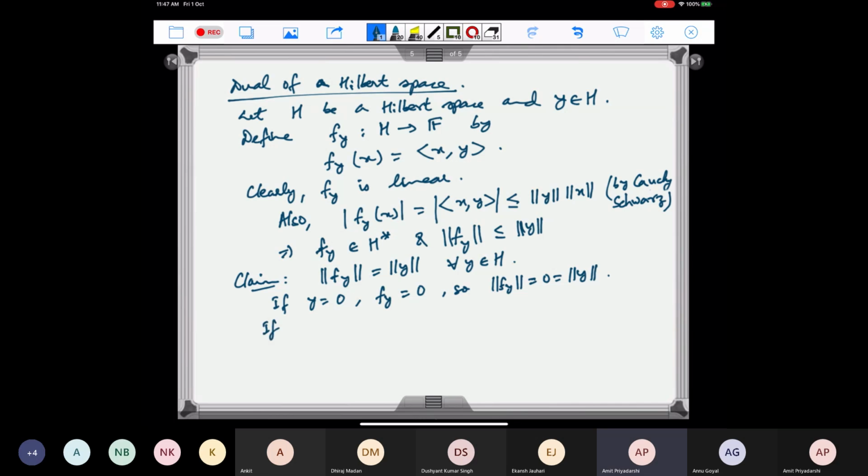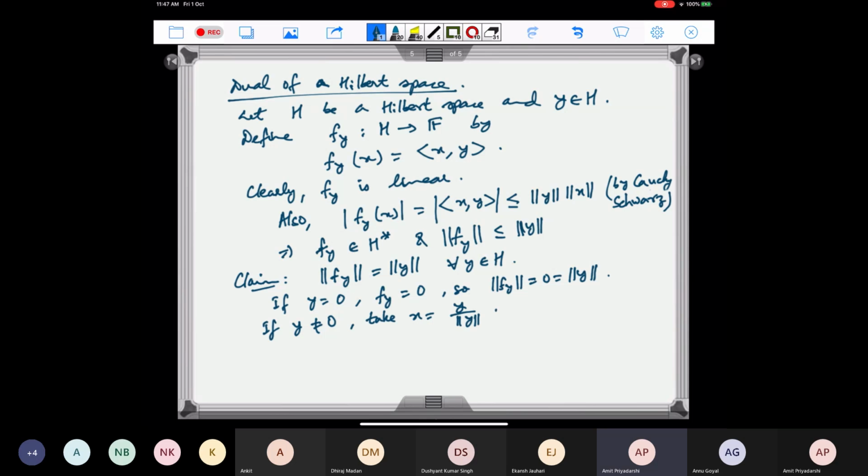And if y is non-zero, we take x equal to y by norm y. So this is a unit vector.